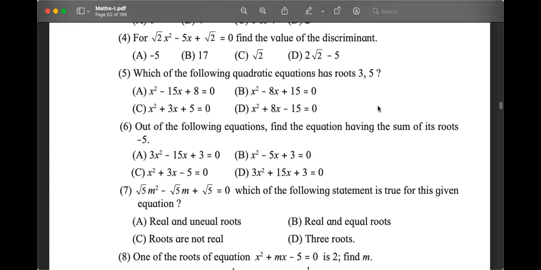We have done this type of question before. Be careful. Take your time. Solve. In this question, roots are given, and the roots are 3 and 5. We have to find out which of the following four equations has these roots. And if you see, all the 4 equations are in variable x.